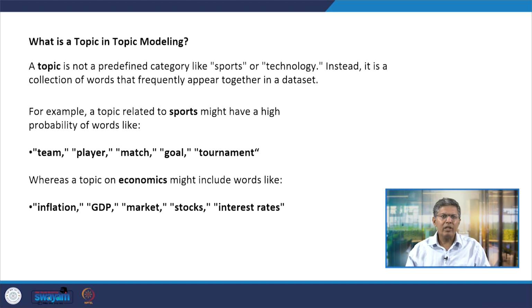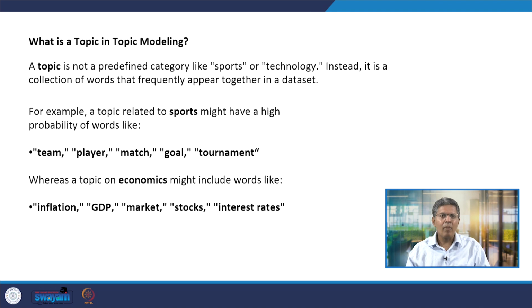Okay. So, what is a topic? A topic is not a predefined category like sports or technology. So, generally we use those categories, no, sports, politics, technology, science. Indeed, it is a collection of words that frequently appear together in the data set.